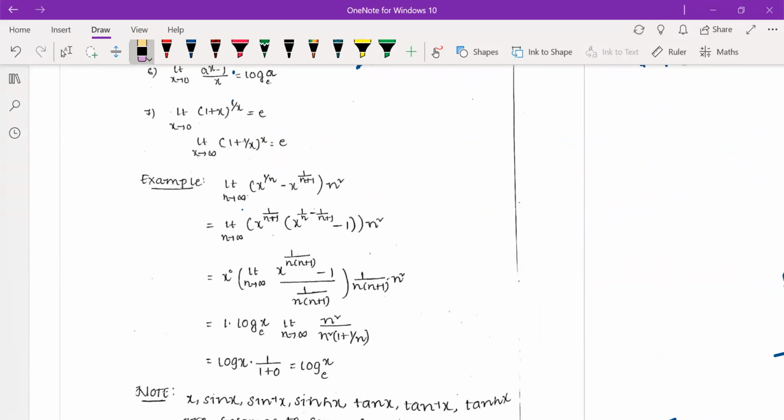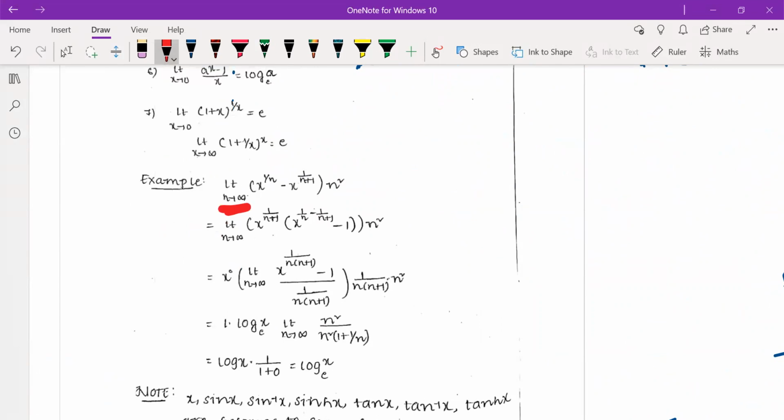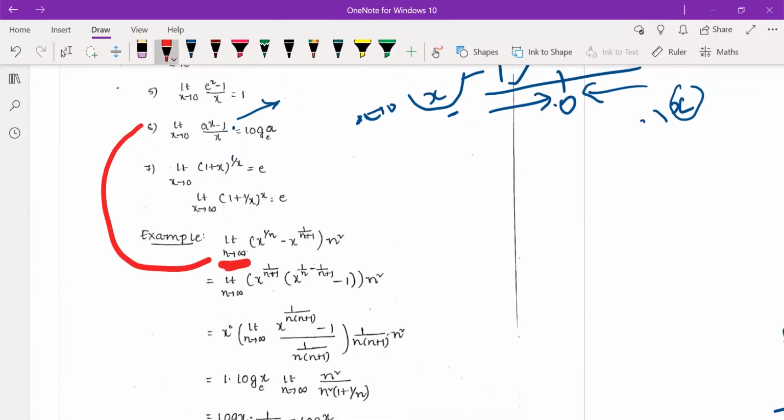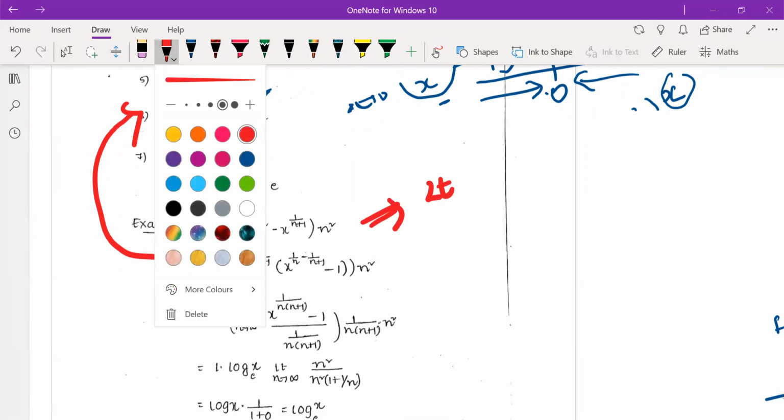In all the previous cases x is the variable, but here x is a constant because only n is changing. Here x is the constant and n is the variable. So we can apply a formula that looks similar, where a is a constant and x is a variable. Remember, here x is a constant, only n is the variable. So we'll try to make that as limit n.